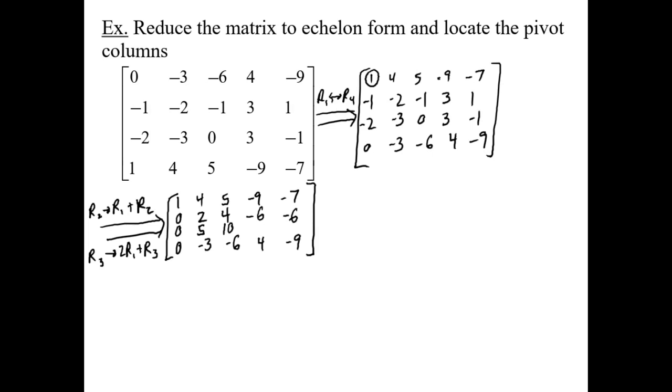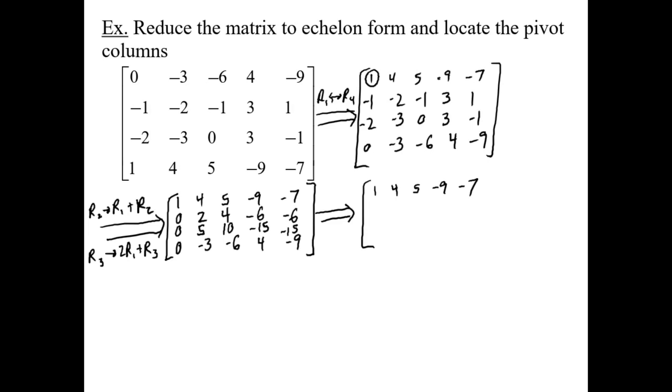Top row times 2 is -18, plus the third row is -15. Top row times 2 is -14, plus the third row is -15. Okay, so I've got a 1 in my pivot position. Okay, and we got zeros below it, which is great.